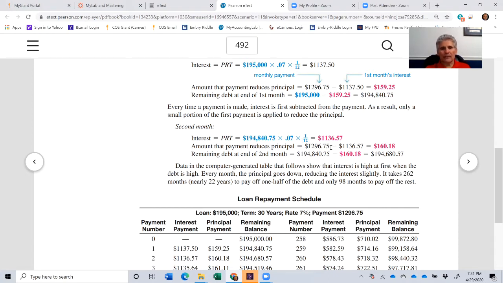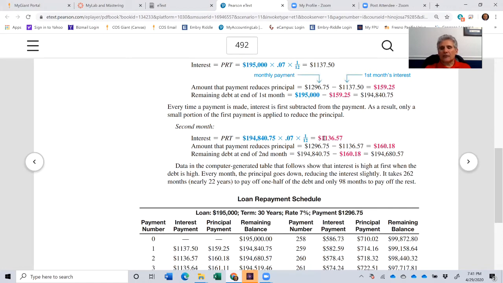It's for 1 month. The interest portion will be $1,136.57. Now we compare that to the $1,137.50. You say, okay, well that's lower. It's not that much lower, but it is a little bit lower. And again, like I mentioned, your first few payments are not going to change significantly.